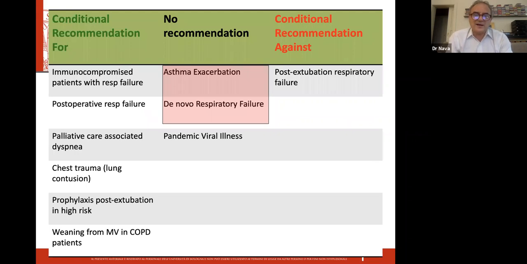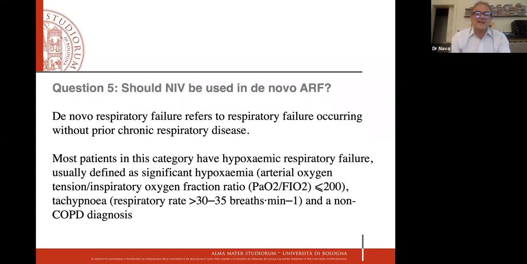Well, the last point I want to deal with, de novo respiratory failure. What the hell is de novo respiratory failure? We use this terminology because it's different from ARDS, for example. De novo respiratory failure refers to respiratory failure of any origin occurring without prior chronic respiratory disease.